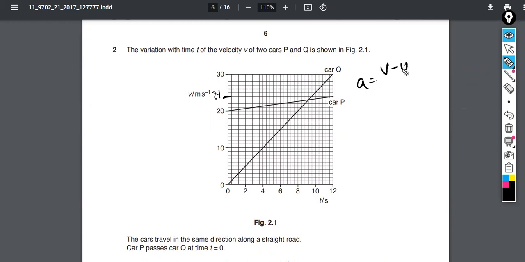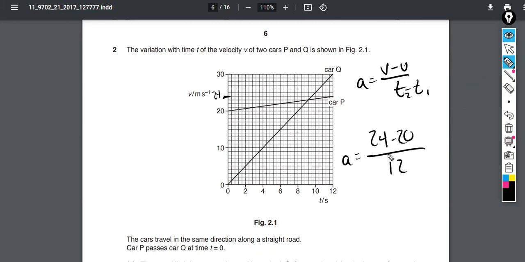Acceleration is V minus U over T. Note that that's the rise and that's the run. If time 1 is 0, then it's like T2 minus T1, but if T1 is 0, then you can just think of V minus U over T, if the initial velocity corresponds to a time of 0. So for this one, the final velocity is 24, the initial velocity is 20, and that change occurred over 12 seconds.